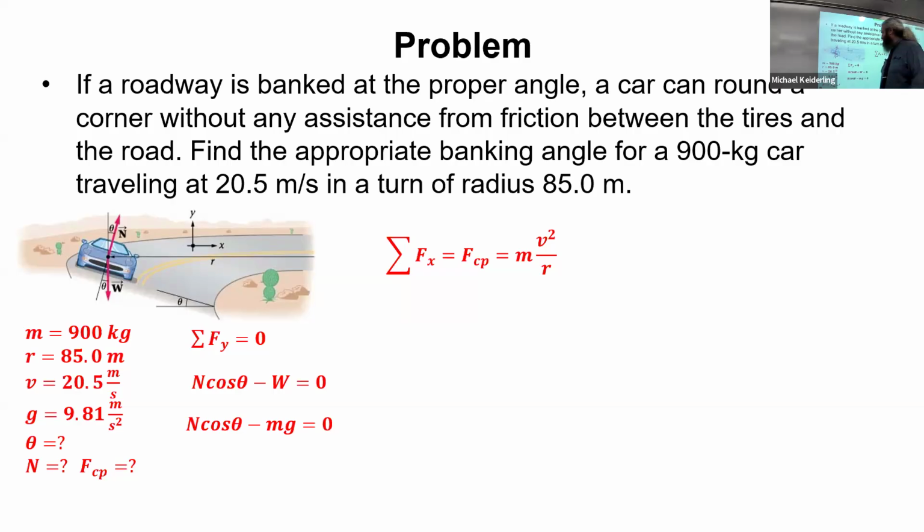So normal force times the cosine of theta minus mg equals 0. So the normal force times the cosine of theta equals mg. So mg over cosine theta equals the normal force.